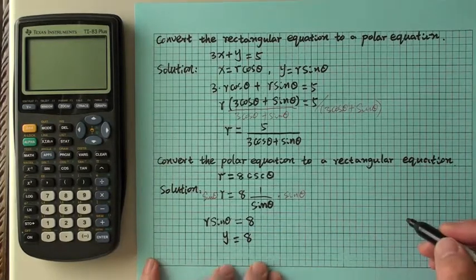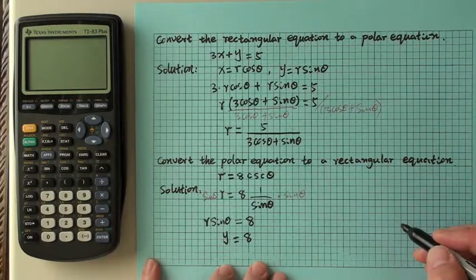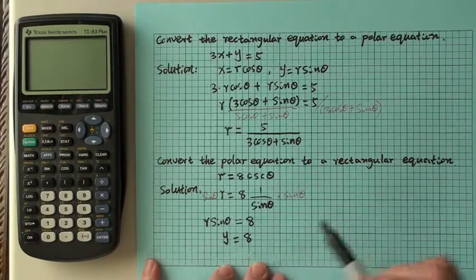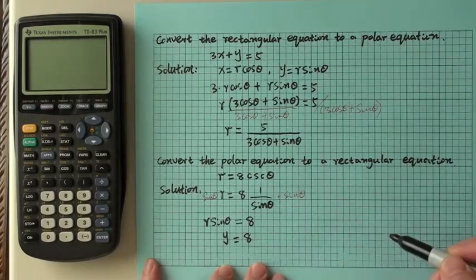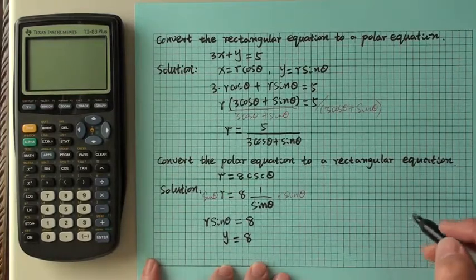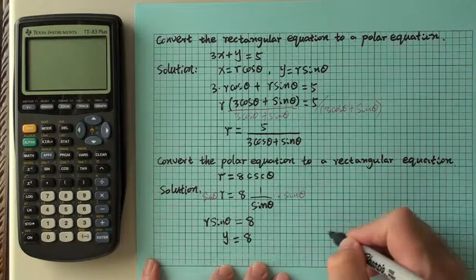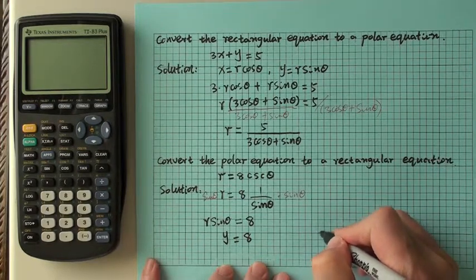Y equals 8. Everyone knows that's a line. Y is 8 means x can be any value, so you can simply draw the picture.